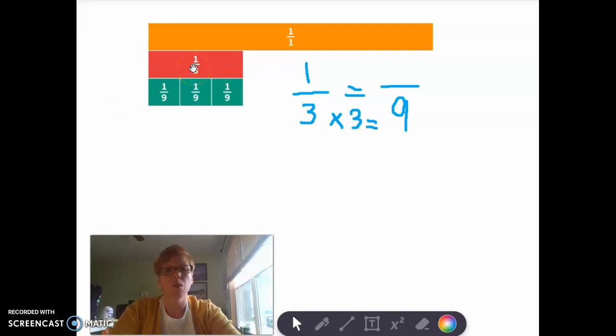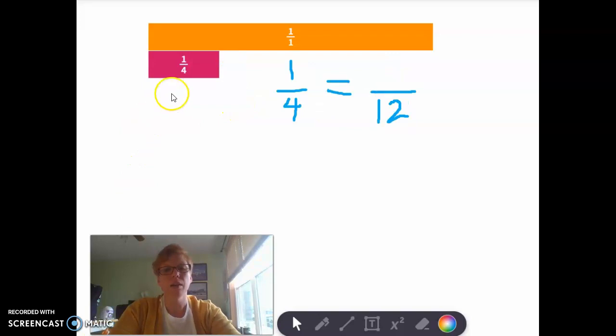All right, 1/3 is equivalent to 3/9 because we are splitting the third piece into 3 times as many pieces. So 3 times 3 is 9, and there are 3/9 up there. 1/9, 2/9, and 3/9.